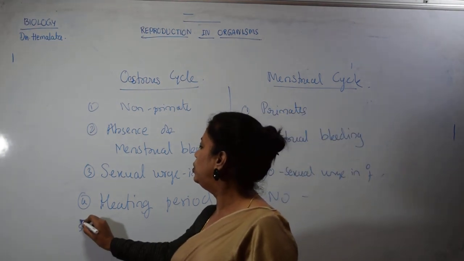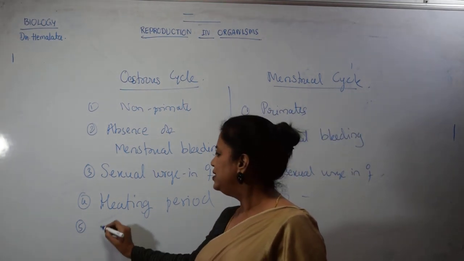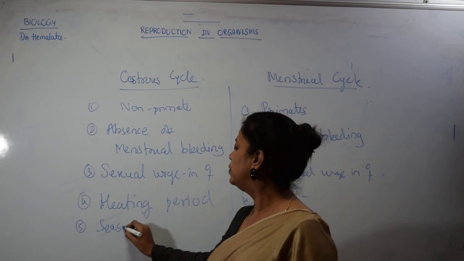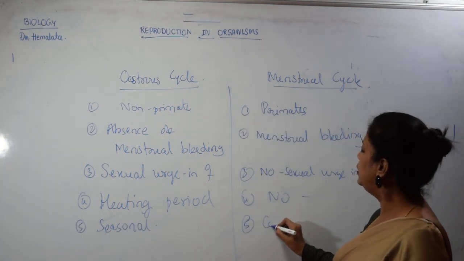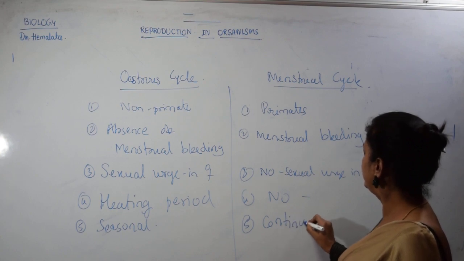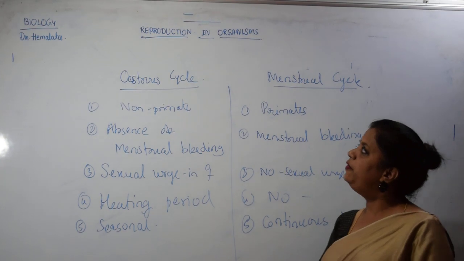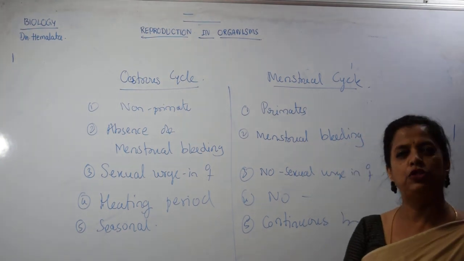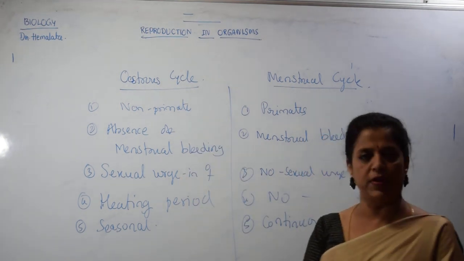Then one more thing: the estrus cycle animals normally undergo seasonal breeding, and the menstrual cycle animals are normally continuous breeders. Okay, so that's the difference between the estrus cycle and the menstrual cycle. You can add this, you can leave it also, but mainly these are the differences, right?